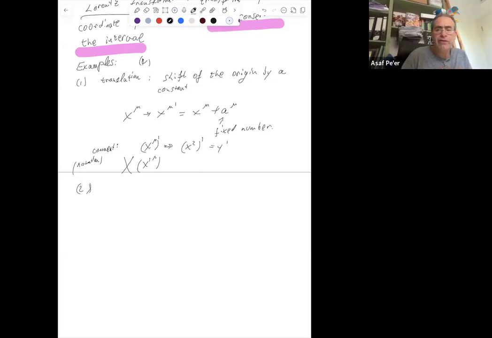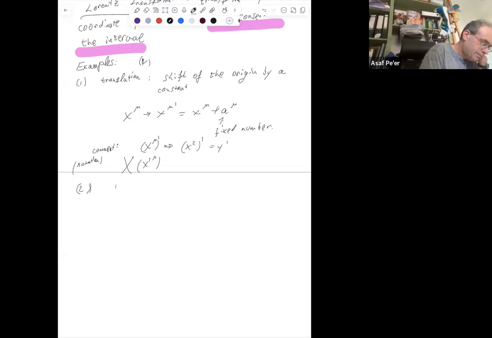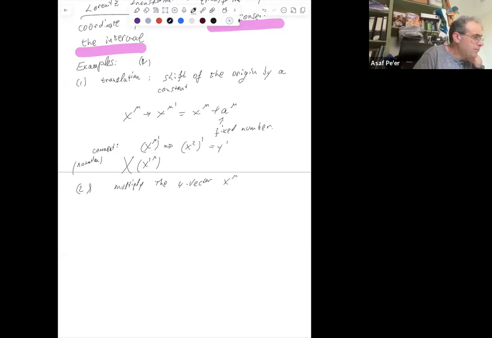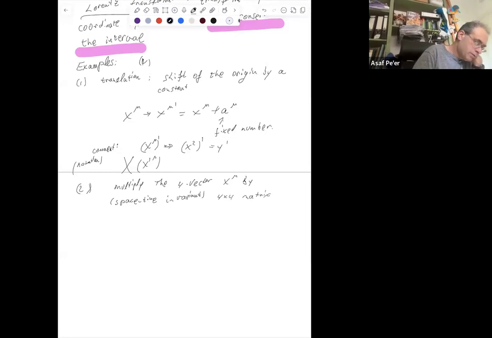Just multiply the 4-vector x mu by some matrix, a space-time invariant. I don't want it to change. Or by a 4 by 4 matrix. I'm going to write it down as x mu prime.